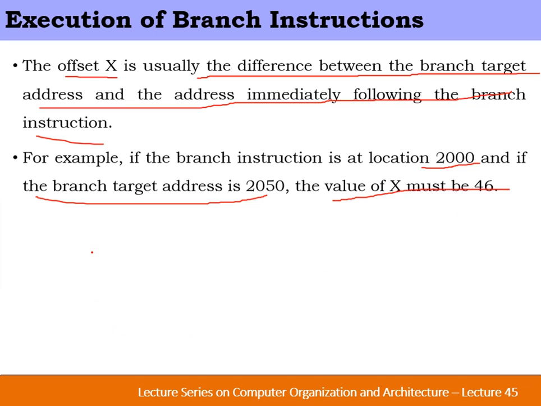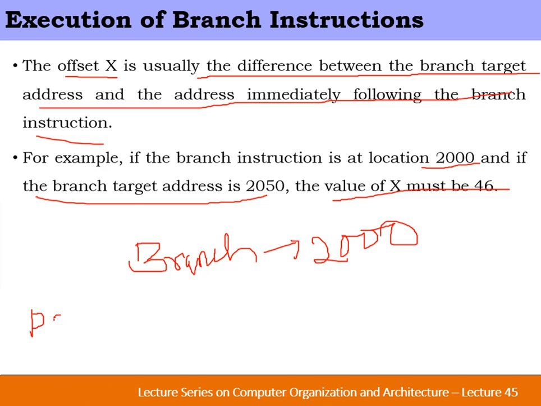Say for example we have a branch instruction at address 2000. Then the program counter will be pointing to the address of the next instruction, so the updated program counter address will be 2004. Therefore X is equal to the target address minus the address immediately following the branch instruction.